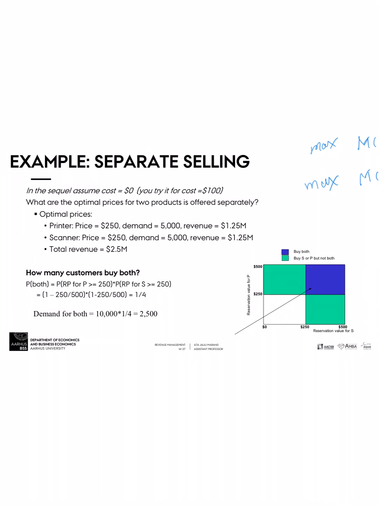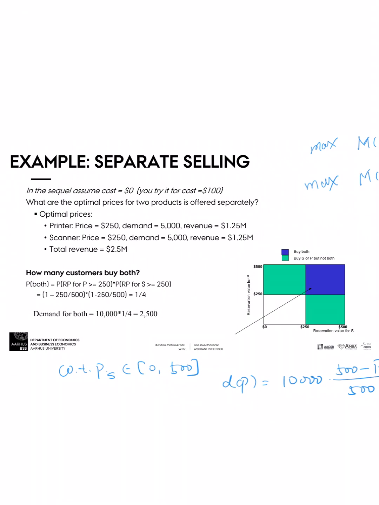Because the willingness to pay for the scanner is uniformly distributed from 0 to 500, we can write the purchase probability, or the demand function, as 10,000 times (500 minus P) divided by 500.